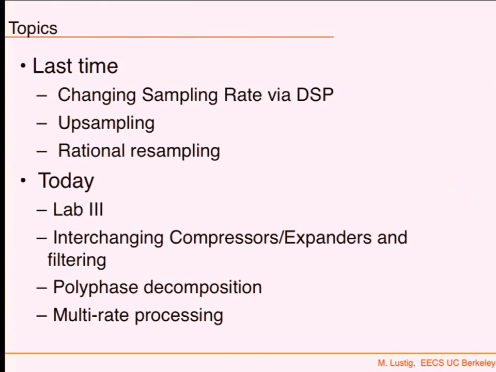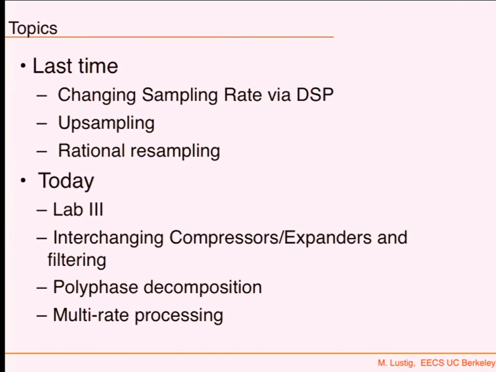It doesn't make sense if we just need to change our rate by that little. And so today we're going to talk about how we can get rid of this extra computation by not computing stuff that we're going to be throwing away. Because when you do decimation or upsampling, there are a lot of zeros associated with this, and we don't want to compute them. So we're going to talk about that.